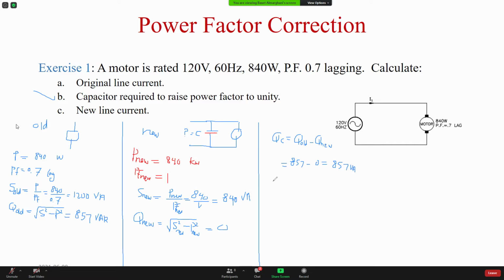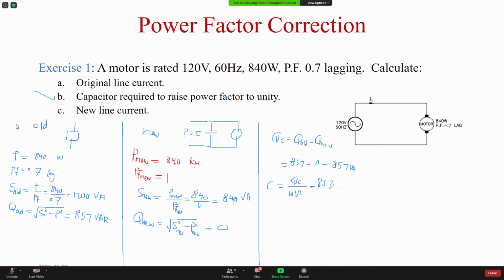Now the last thing I need to know, what is the capacitor? It's QC divided by omega V squared. QC is 857.